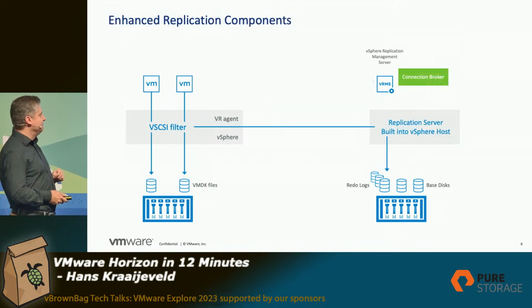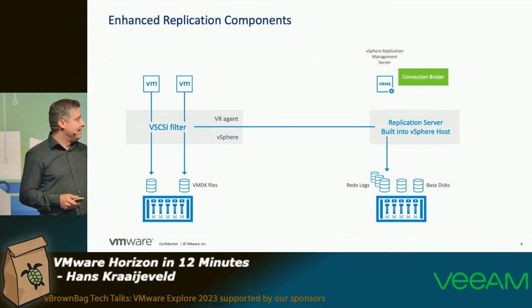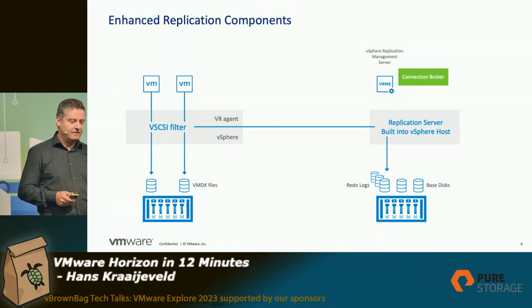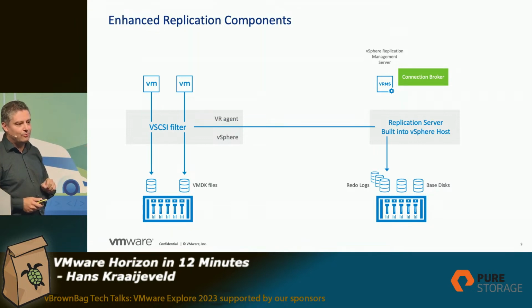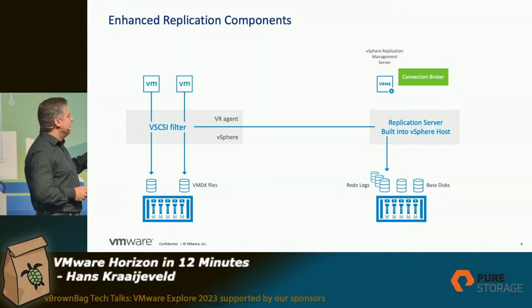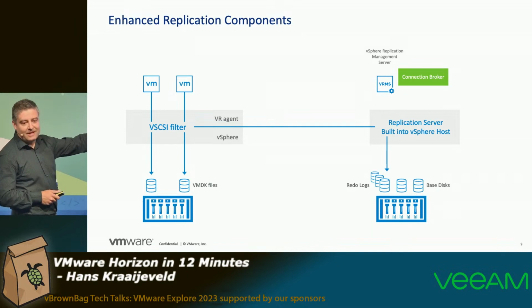So what we did with the so-called enhanced vSphere Replication, again, is now available for Site Recovery Service for VMware Cloud on AWS, and it will be available for the Live Recovery offering, the new offering. We introduced a direct data path from the source ESX to the target ESX.